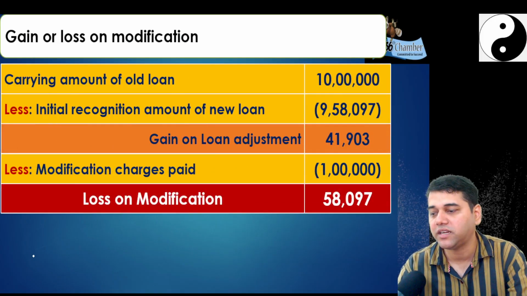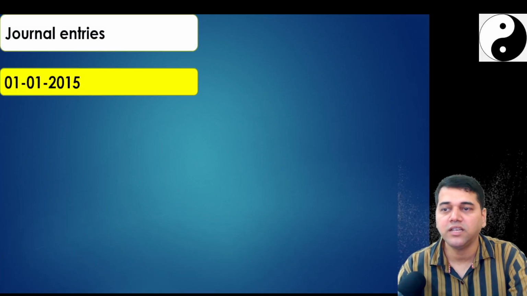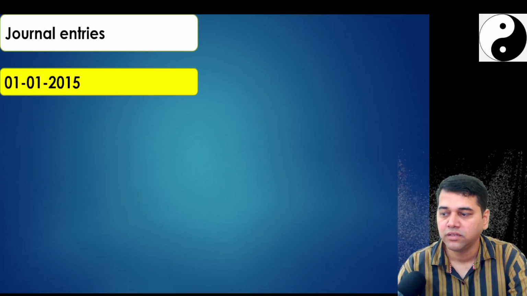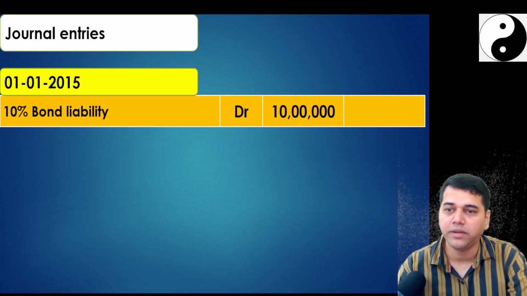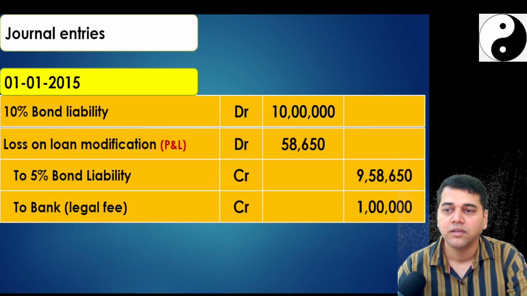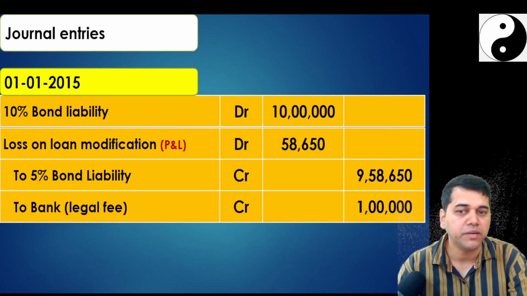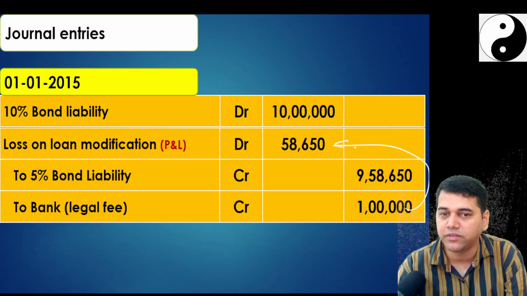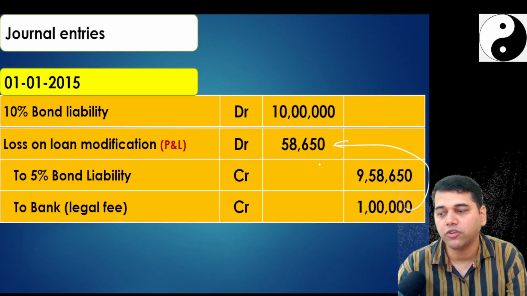Then pass the last journal entry. Journal entry will be on the day of modification, 10% bond account debit, loss on modification account debit, because this is netted off. Gain and the processing fees, 1 lakh rupees, is netted off here, which otherwise you could have passed separately, I told you.